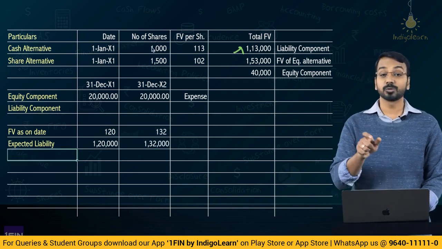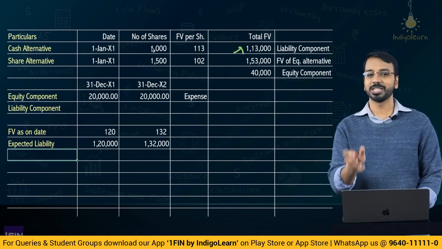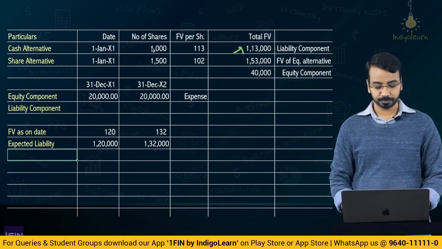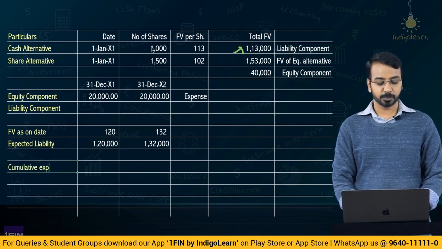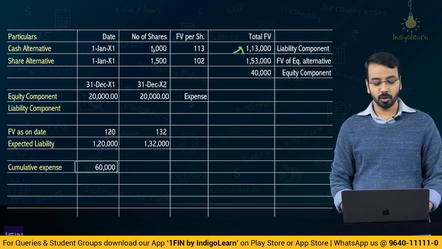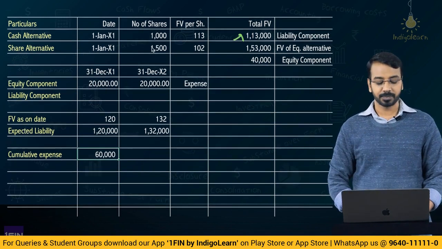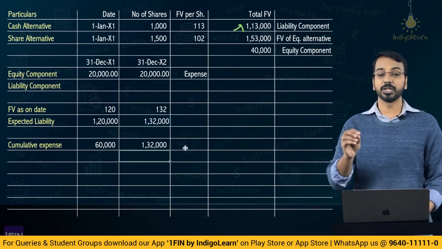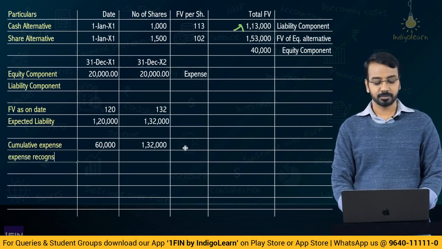Now, this 1,20,000 is for a 2-year period. Also, the 1,32,000 is for a 2-year period. So, accordingly, you will have to expense the proportionate amount. Cumulative expense will be how much? 1,20,000 divided by 2, so 60,000 should be the cumulative expense recognized at the end of year 1, and 1,32,000 will be the cumulative expense that you will recognize at the end of year 2.